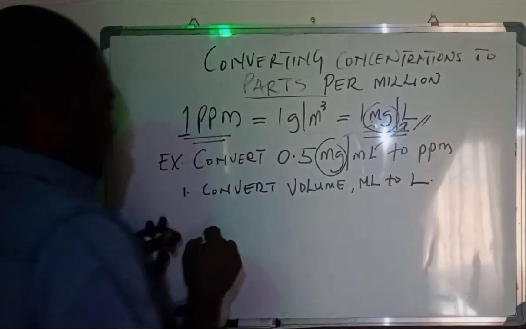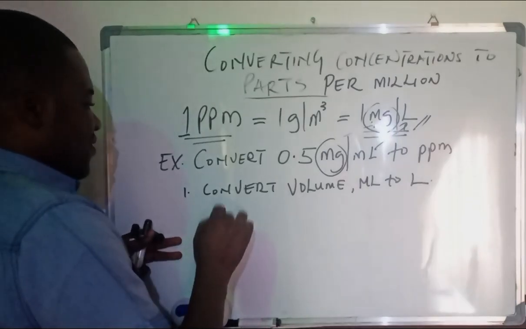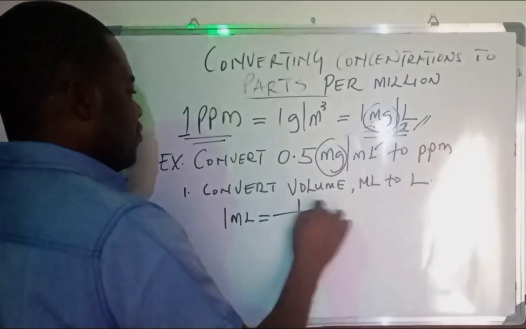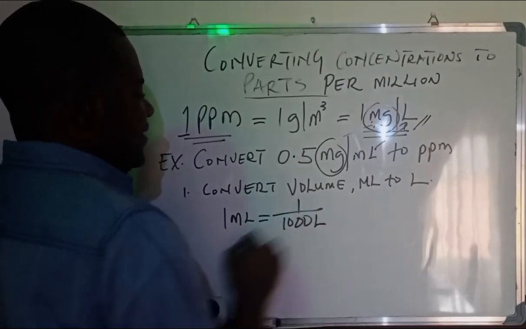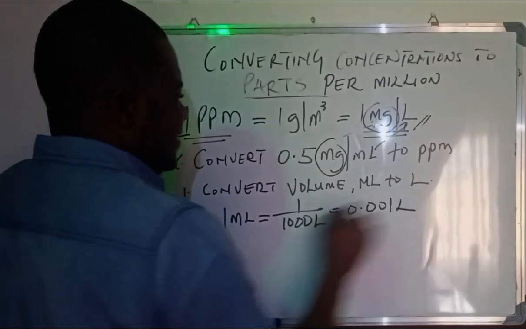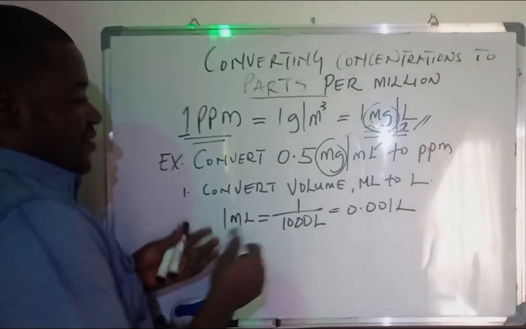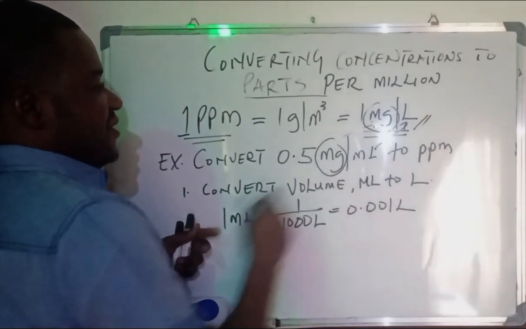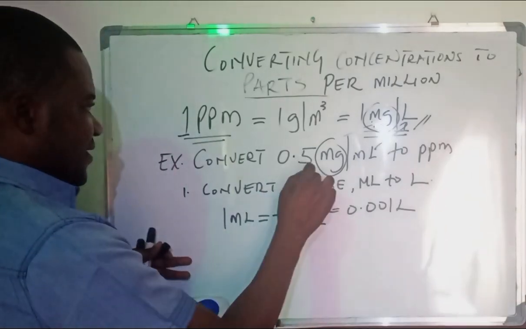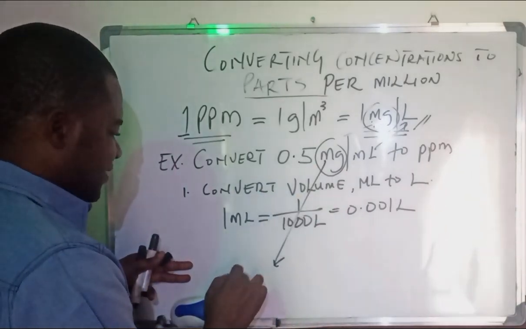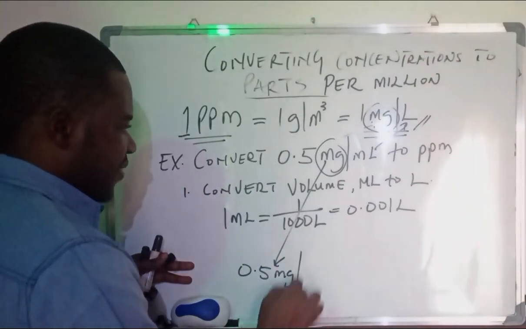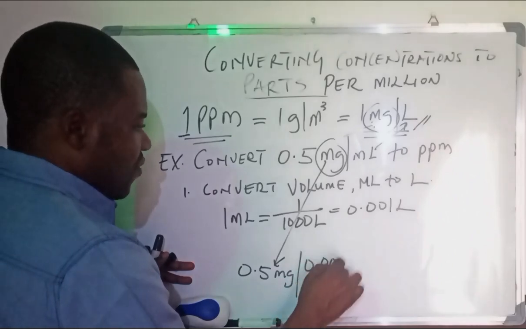To liters. Now 1 milliliter is equivalent to 1 over 1000 liters, and this is what? 0.001 liter. You can rewrite this equation very simply by telling us that this one here now is written as 0.5 milligram per what? 0.001 liter.